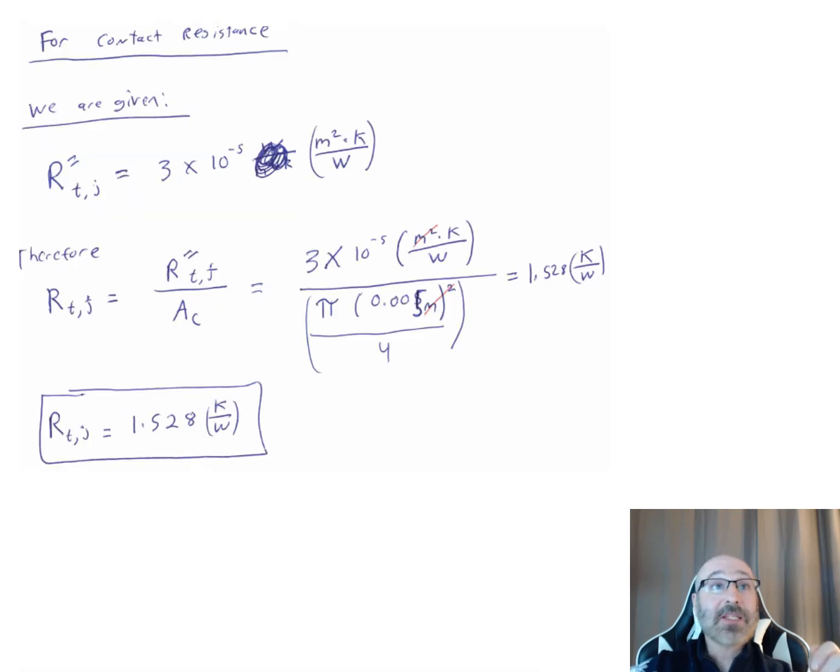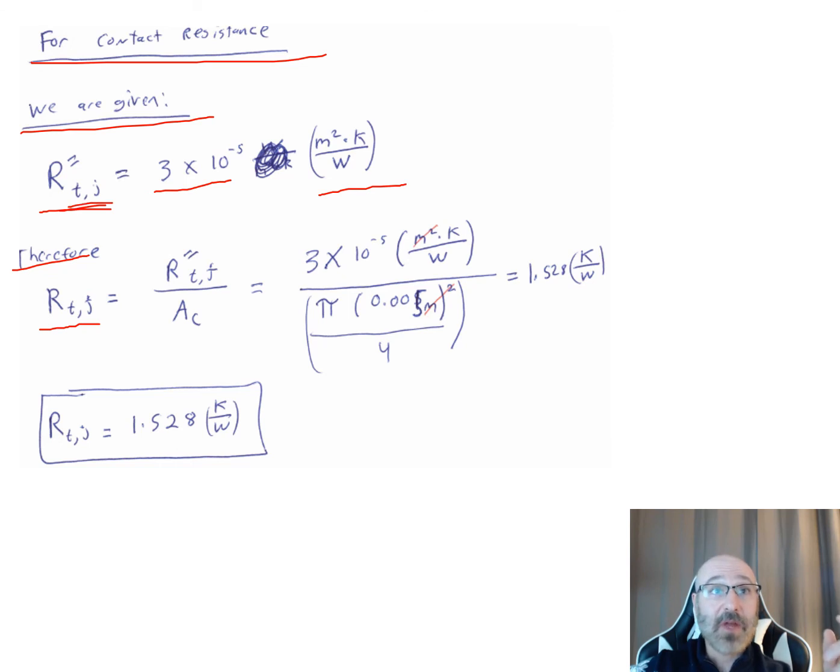Now if we want to consider contact resistance, we're given that the contact resistance at the junction is 3 times 10 to the -5th in units of meters squared times Kelvin per watt. Therefore, we can plug this relationship in. Our R sub t,c is per area, so we divide this by our A sub c in order to get the resistance. We plug in our 3 times 10 to the -5th. Double check your units.